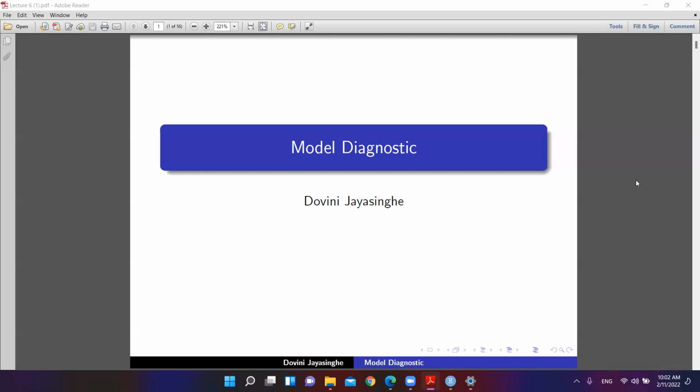So after fitting the model, we have to see a diagnostic plot. That is what you call model diagnostic, right? We have to look at them and see whether the fitted model is usable. Because if it is invalid, if it violates at least one assumption, then the end result that we are getting out of the model cannot be guaranteed. So that is why we are talking about model diagnostic here.